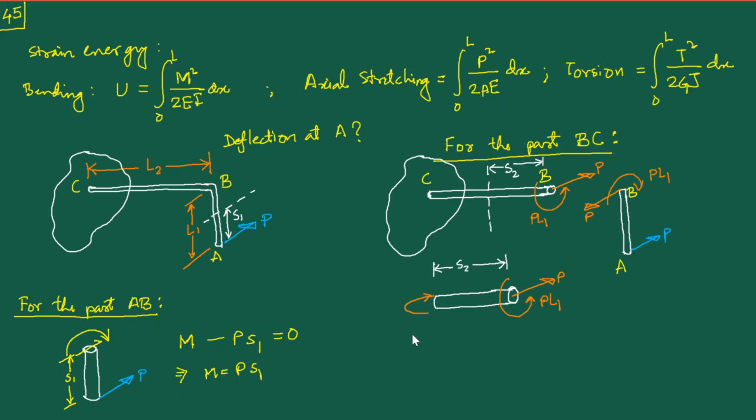in this plane. Okay, so suppose I were to write my x-axis in this fashion, my y-axis in this fashion, and my z-axis in this fashion, then for this bending moment which I have just drawn, that bending moment is actually lying in the plane xz.